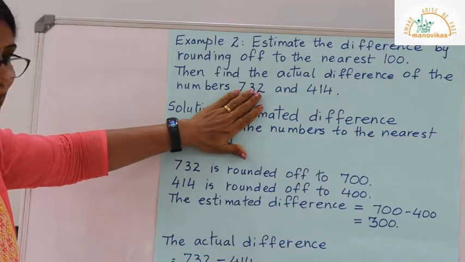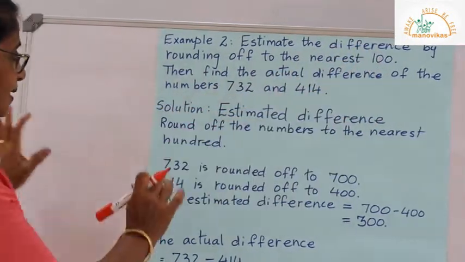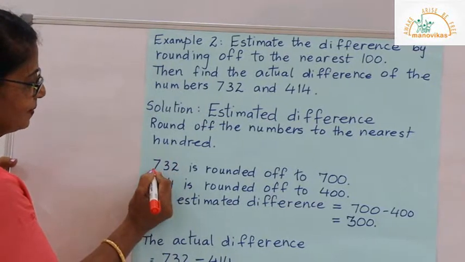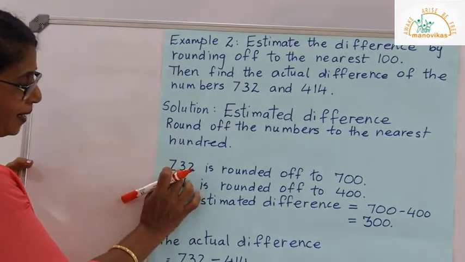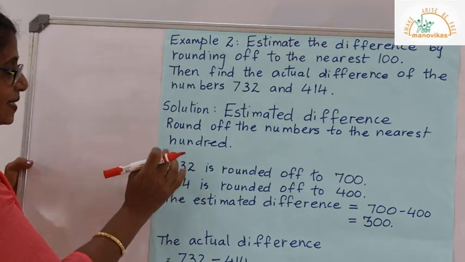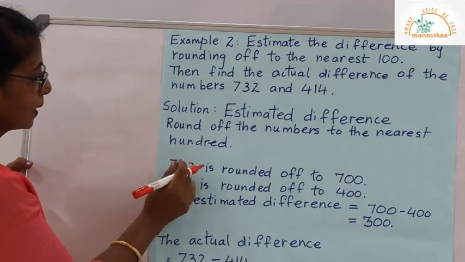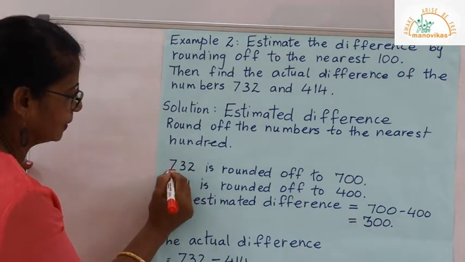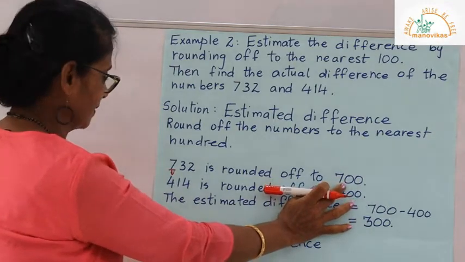But being a 3-digit number, we have to round off to nearest 100. Now here 732. 3 in the tens place is a smaller number than 5, so this goes down and we get 700.